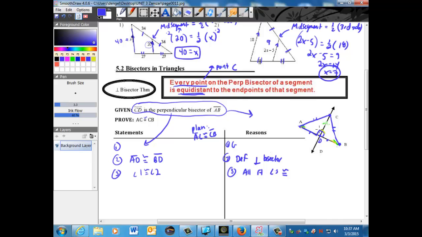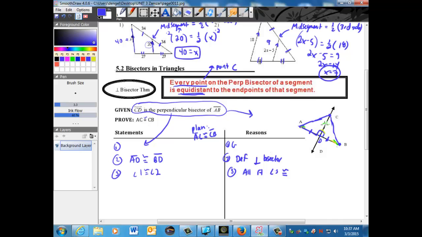We have a 90-degree angle. We have these two sides are each congruent. Okay, we are trying to prove that AC is congruent equal to CB, so I'm going to have to use the eraser again. And let's erase these two marks and these two marks. Alright, and hopefully now this makes more sense.